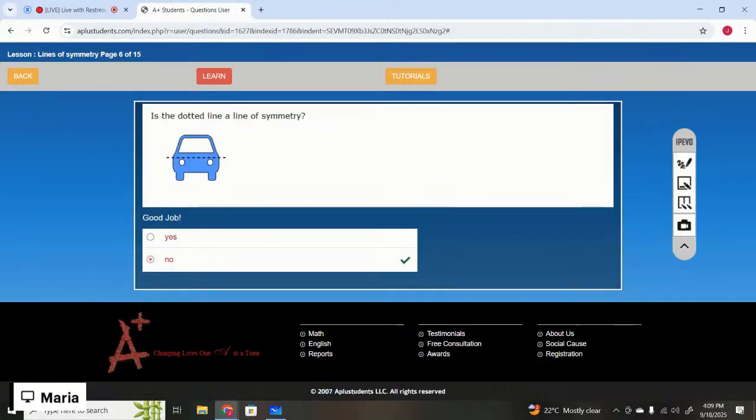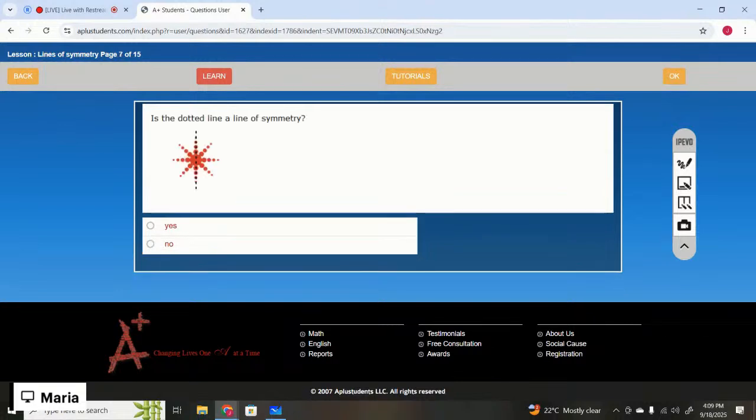Very good. Option number two is the correct option. Is the dotted line a line of symmetry? Yes, it is. Very good. Option number one is the correct option.